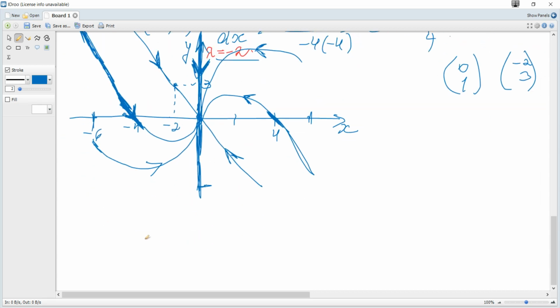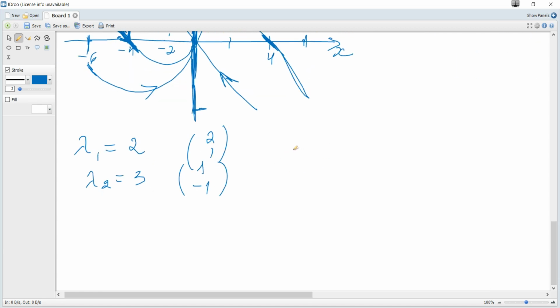And when both are positive, for example, when lambda 1 is 2 and the corresponding vector is 2, 1, and when lambda 2 is 3, the vector is 1, negative 1, such a system is unstable. Why?